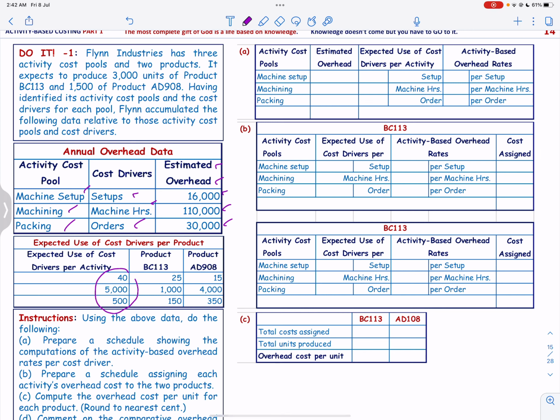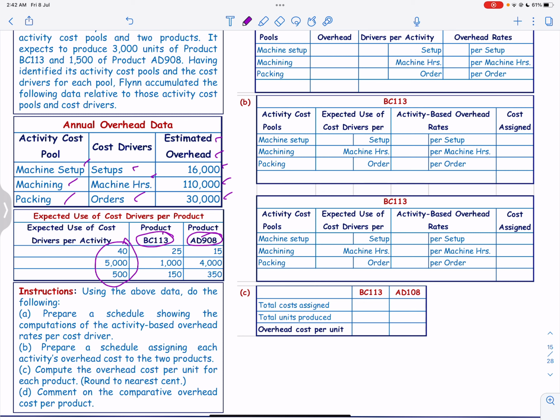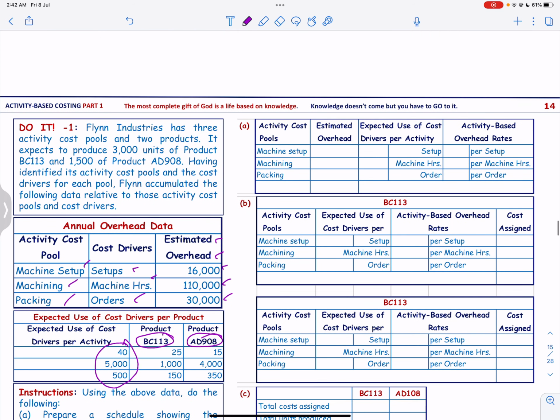Using the above data, do the following. Prepare a schedule showing the computation of activity based overhead rates per cost driver. Okay, so we have part A, we have the 3 activity cost pools, and the estimated overhead was given to us as 16,000, 110,000, and 30,000.